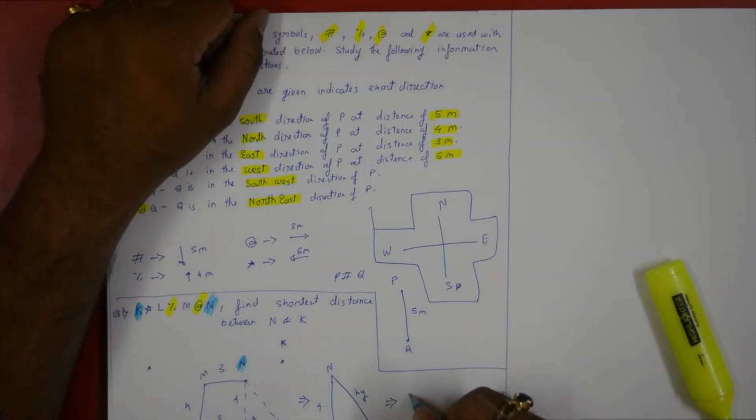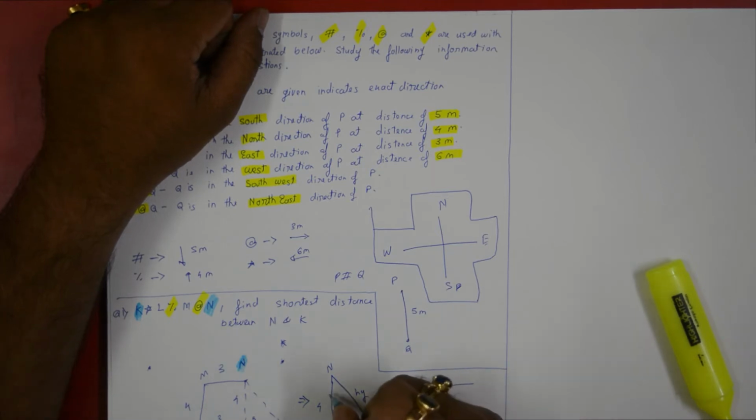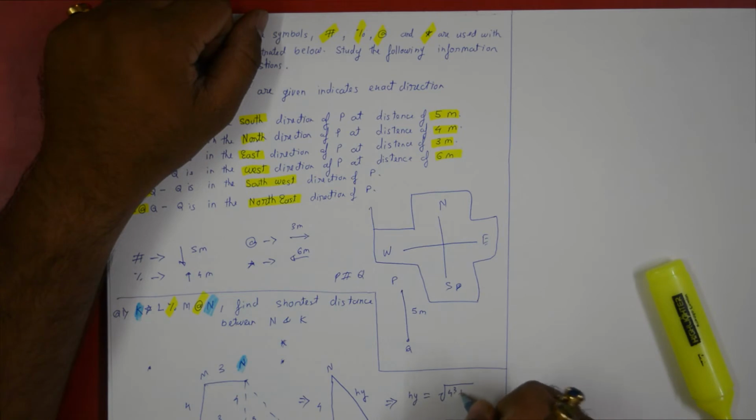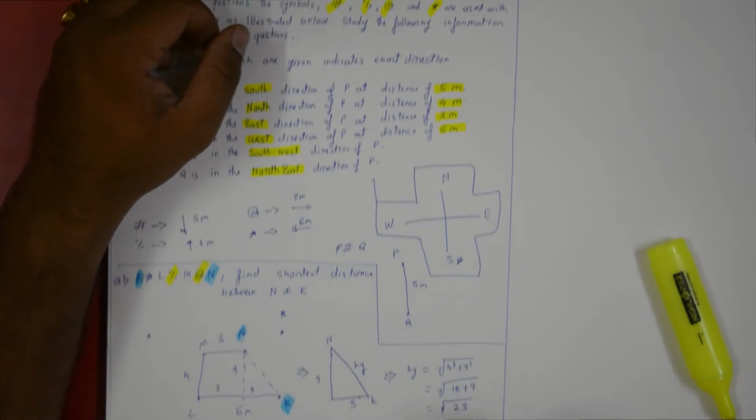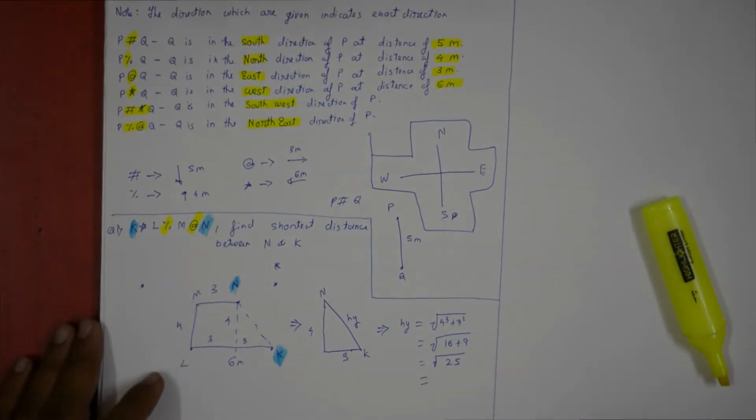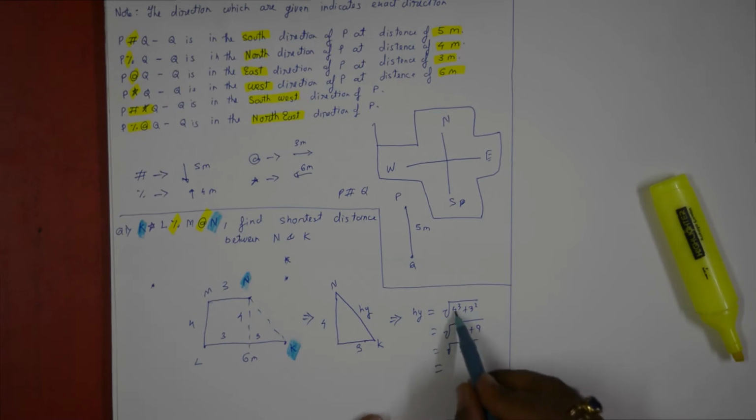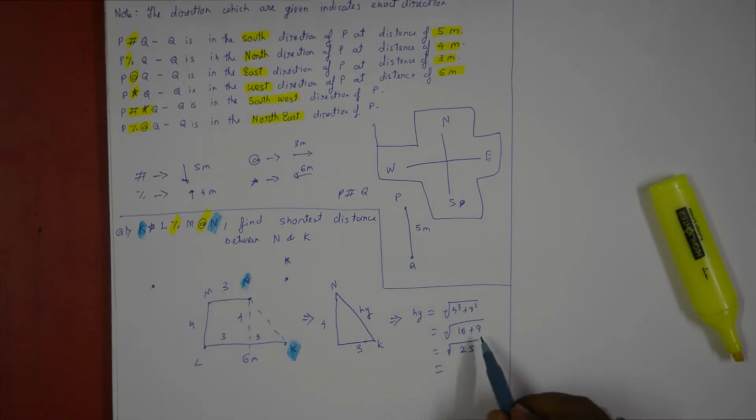So hypotenuse equals the square root of side 1 squared plus side 2 squared, that is the square root of 4 squared plus 3 squared, which equals the square root of 16 plus 9, which equals the square root of 25, which equals 5.